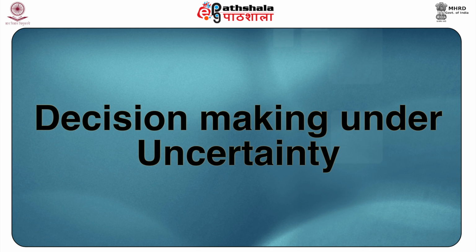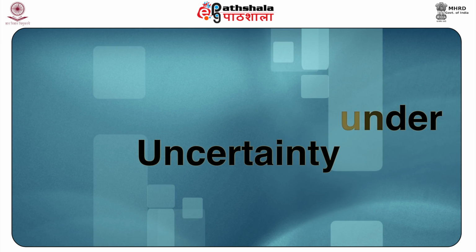Now, let us look at decision making under uncertainty. What is uncertainty? Uncertainty is a situation where the decision maker does not know the probability of an outcome. In such situations, there are some decision rules that the decision maker can use, provided he can identify the possible outcomes and the payoffs associated with each.